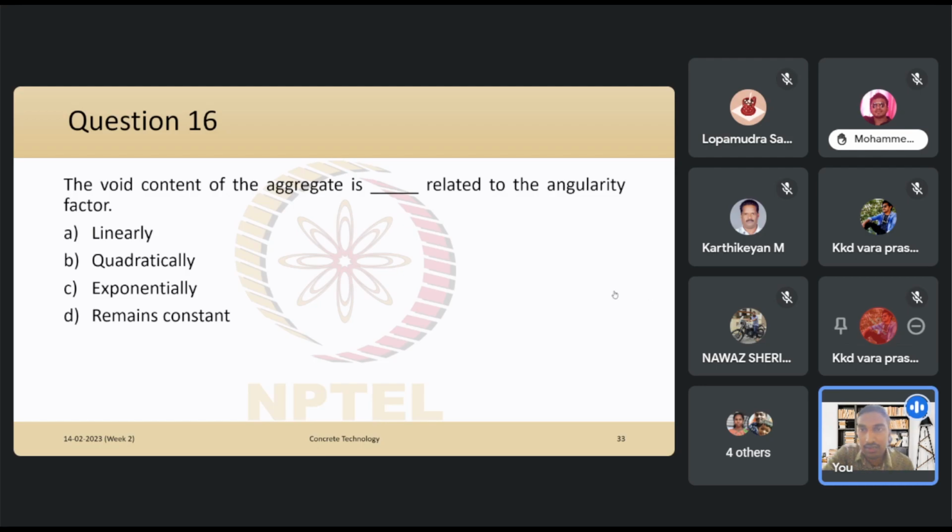So what is the nature of the relationship between the void content and the angularity factor? Please make use of the poll for answering.